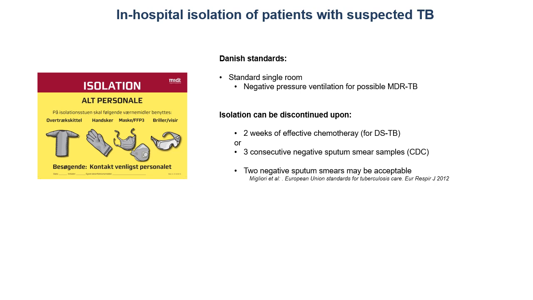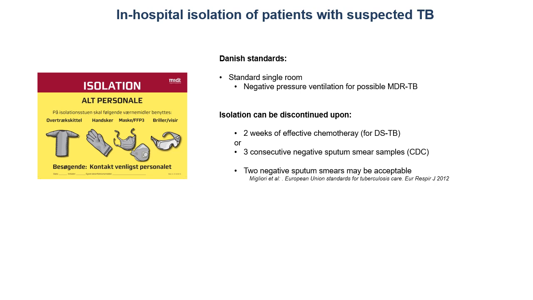Now, importantly, isolation can be discontinued in 2 different settings. Firstly, if patients have received 2 weeks of effective chemotherapy, and in that case, if we do not suspect multi-drug resistant TB, or if we consider the patient non-contagious, and traditionally that means 3 consecutive negative sputum smear samples.